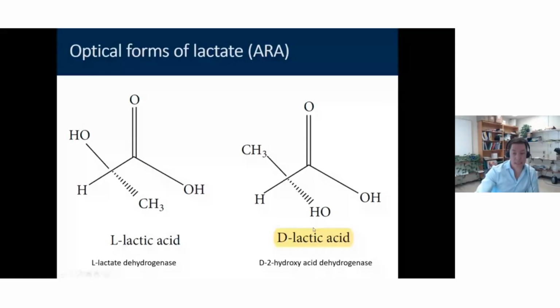The problem is that the D-lactic acid has a different metabolic route, and this enzyme is not as effective when it comes to metabolizing the D isoform of lactic acid. So this ends up being the one that gets accumulated the most in cases of acute ruminal acidosis. I just want you to keep in mind that every time we are discussing increases of lactic acid, it's because we are talking about the acute form of the disease. The lactic acid is not a main component or a main driver of the pathogenesis in subacute ruminal acidosis.